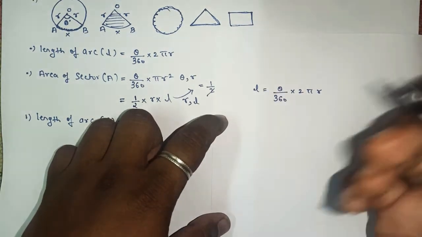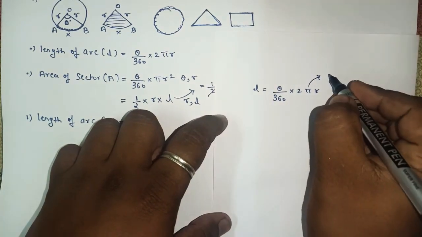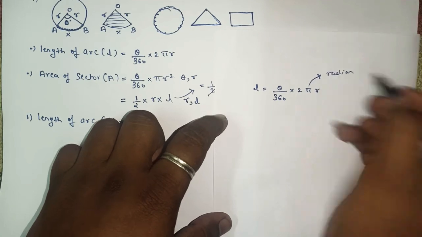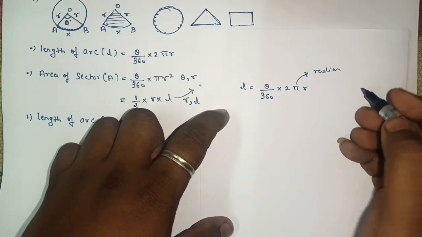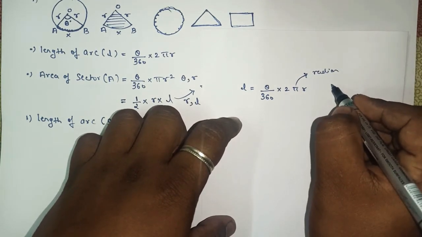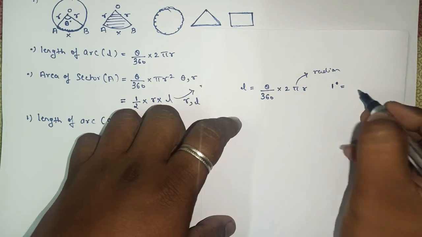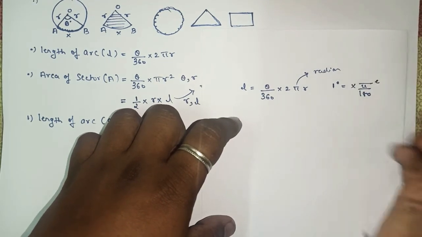For a while, just consider this pi as being in radian. And we know that whenever we have to convert degree into radian, you simply have to multiply it by pi by 180. Yes or no? So it will get converted into radian.